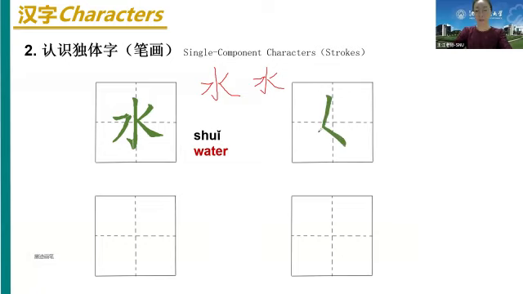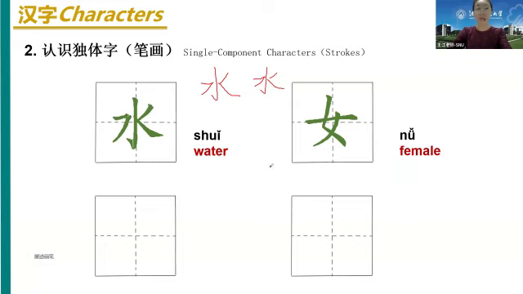Left falling, a dot, and then left falling, then horizontal. So how many strokes are there in this Chinese character? How many strokes? Please watch it again. 1, 2, 3. There are 3 strokes in this Chinese character, okay? So 女, it means female.